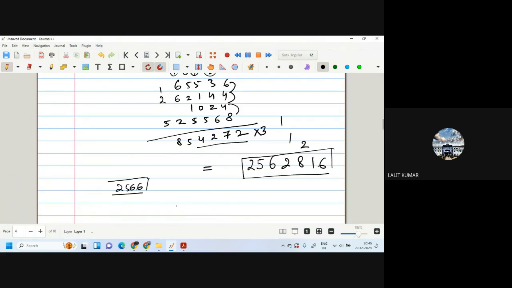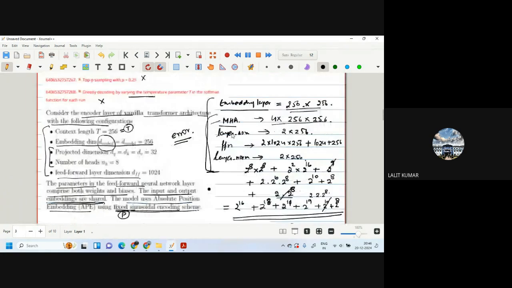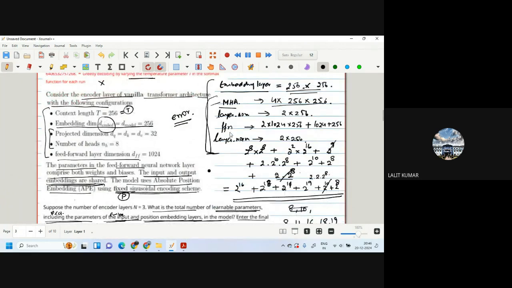Now let's go through the question again. There might be some googly here. There is an encoder layer of the vanilla transformer with the following configurations: context length T, D embed which we are taking, vocab size, D model 256, DFF is 1024.